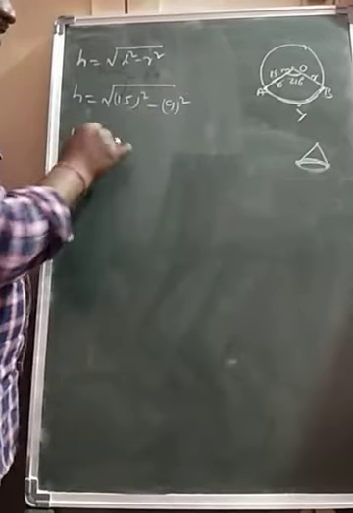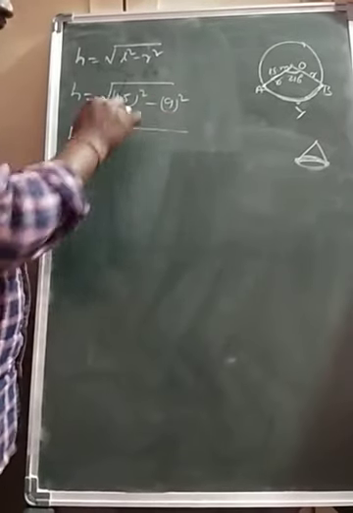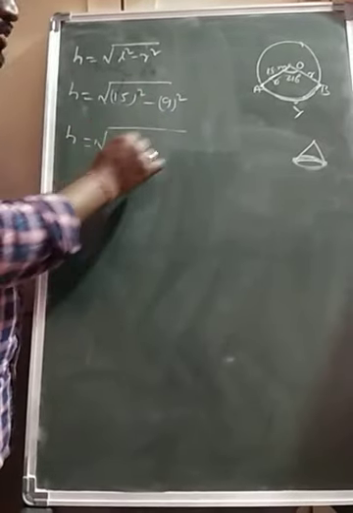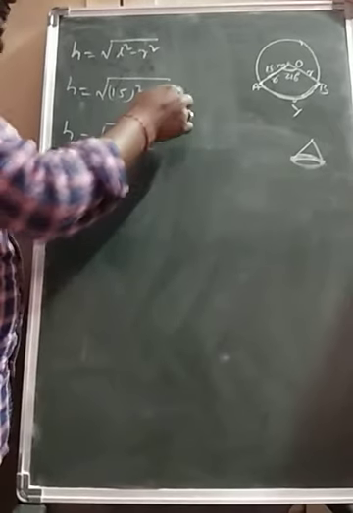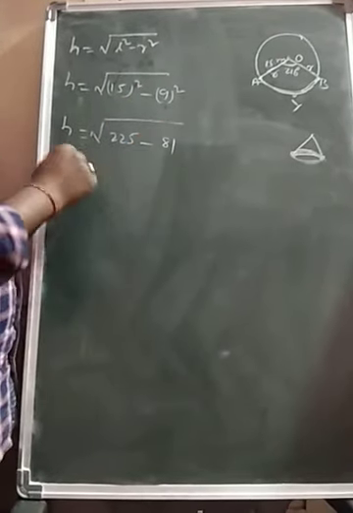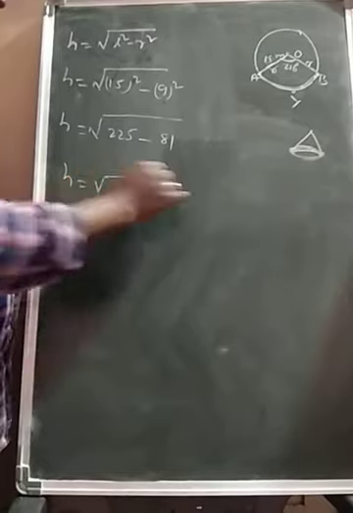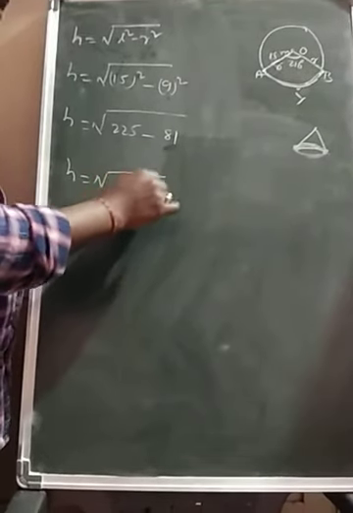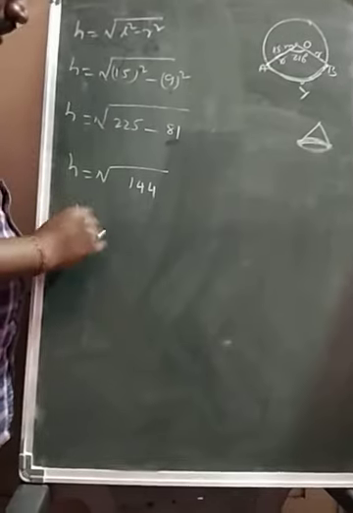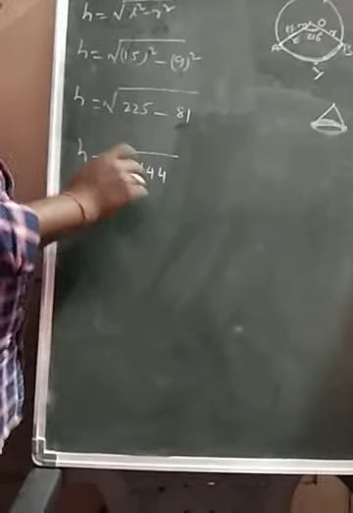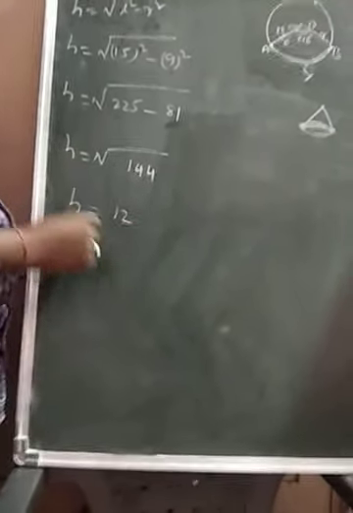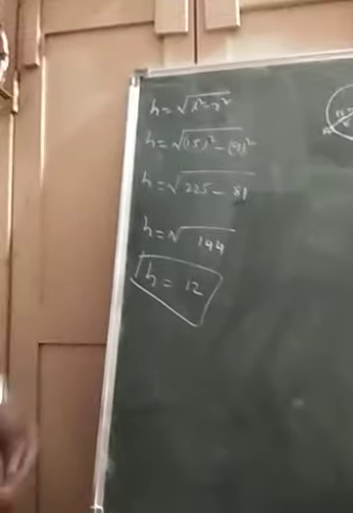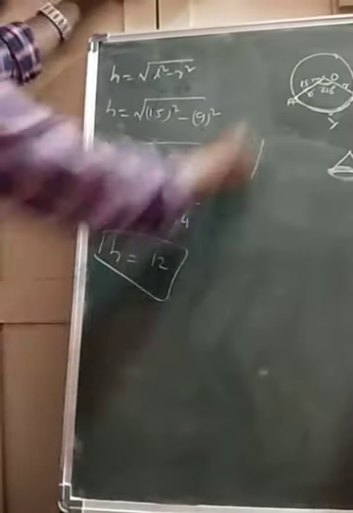So H is equal to under root of 225 minus 81, that is 144. So H is equal to root 144, that is 12. Okay.